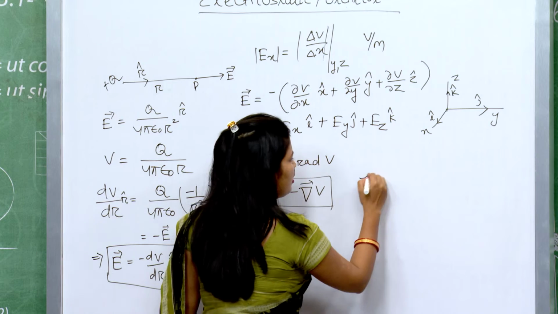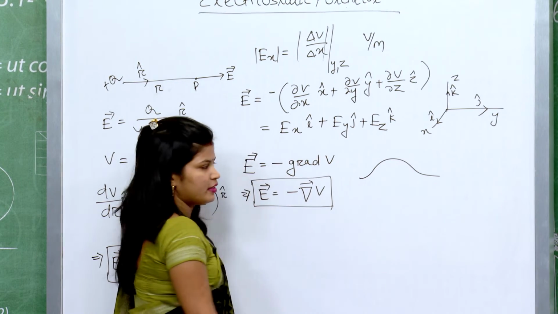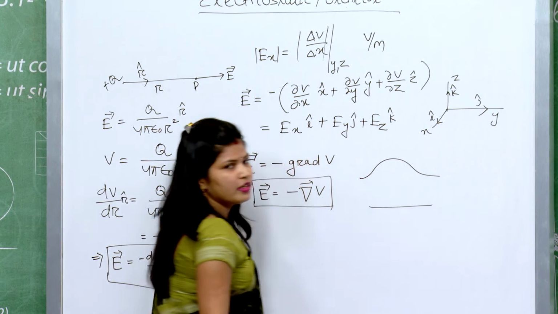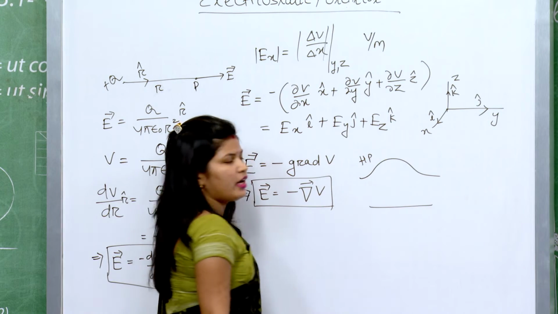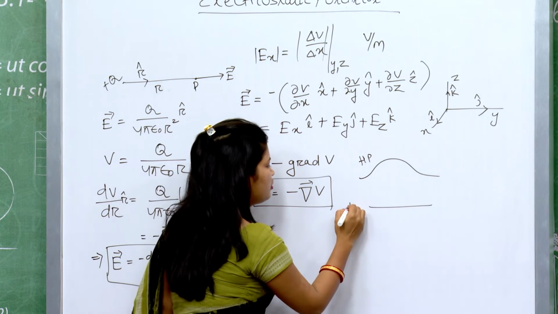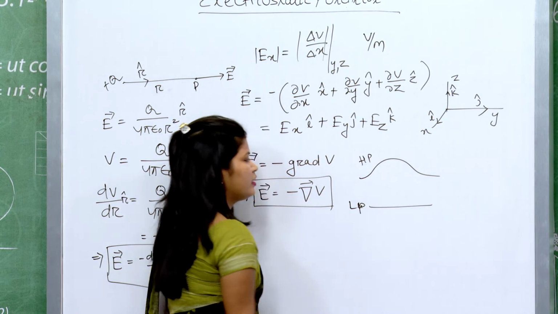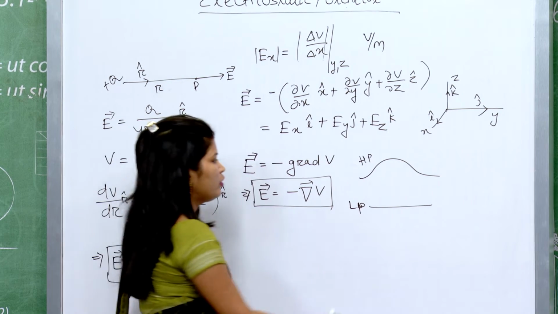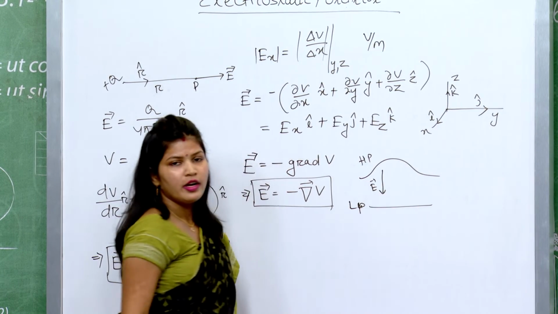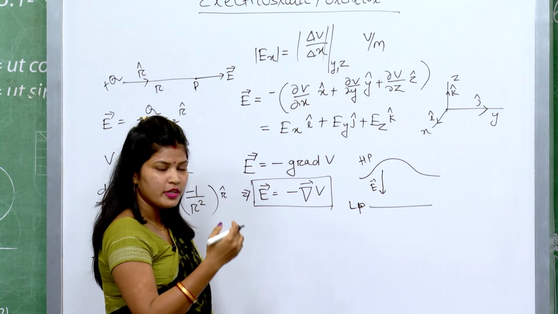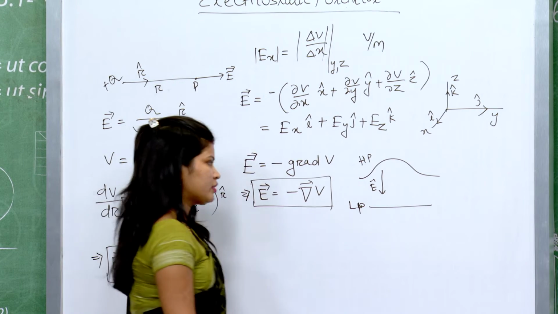Suppose you have a mountain here and here it is the ground, then at the mountain it has higher potential and in the ground lower potential, then the electric field will go from higher potential to lower potential, and the gradient points in the direction of maximum increase.